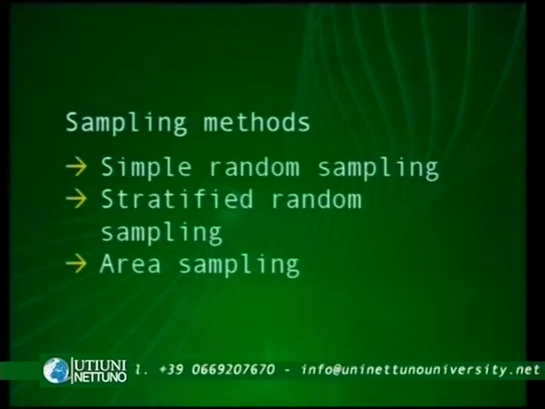So in such a case, we might refer to stratified random sampling, whereby we fix different classes, the stratifications, and we pick the same number of individuals from each class in order to have a more representative view of the whole population. Then we might have area sampling.